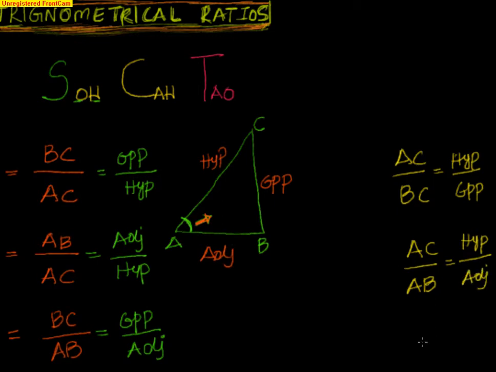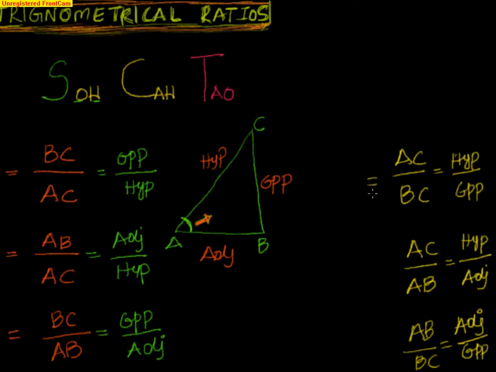What else do I want to find out? I'll go for AB by BC, which is nothing but adjacent divided by opposite. Are you with me? I am just noting them now, right?